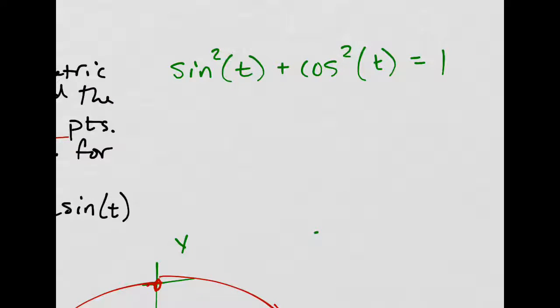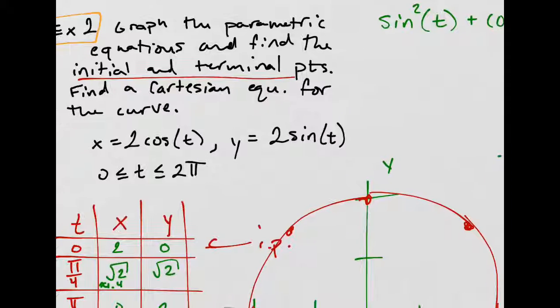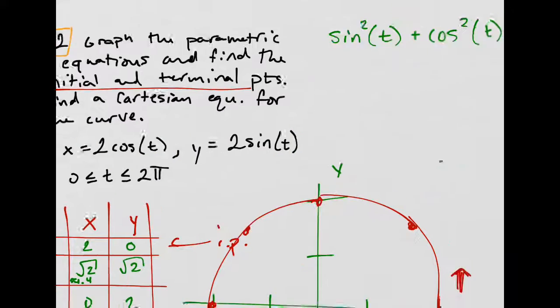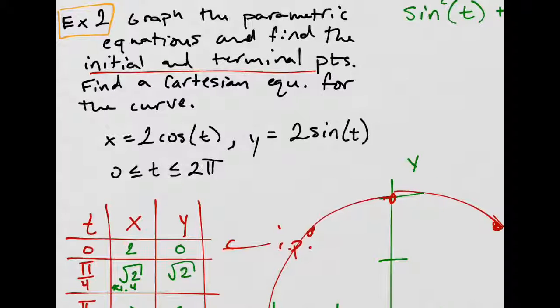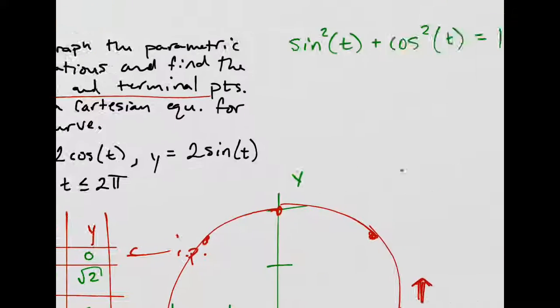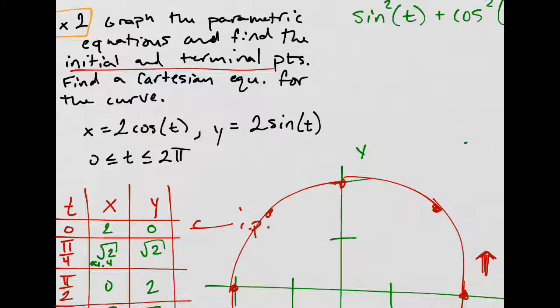So I'm going to use that fact. I have a definition for x, I have a definition for y. I kind of want to have sine squared and cosine squared. That way I can rewrite this without any t's. That's what it means to find a Cartesian equation. Write it without using that parameter. You're just going to have x's and y's. How do we do that?